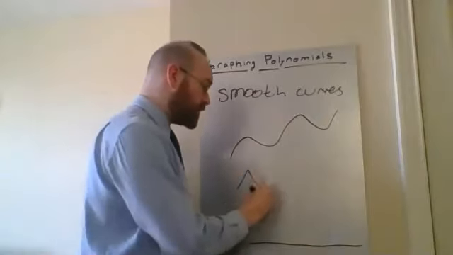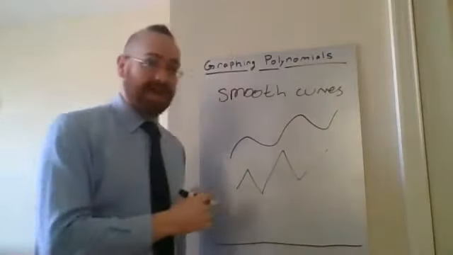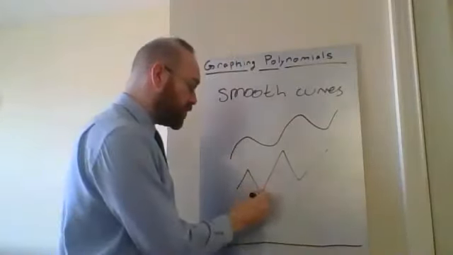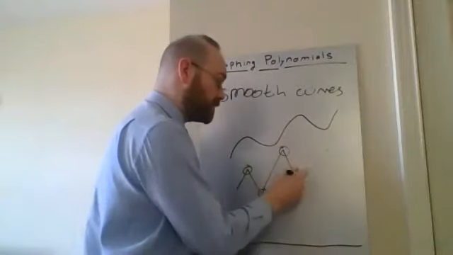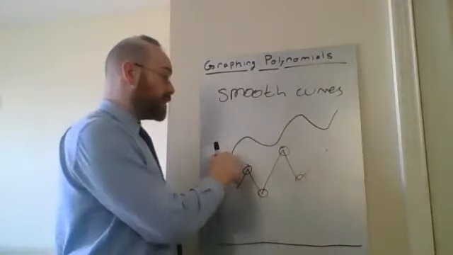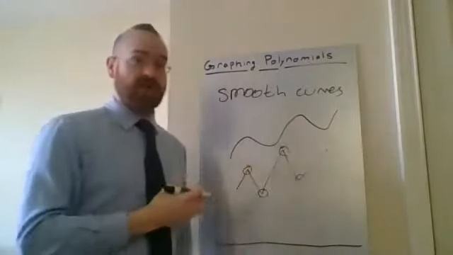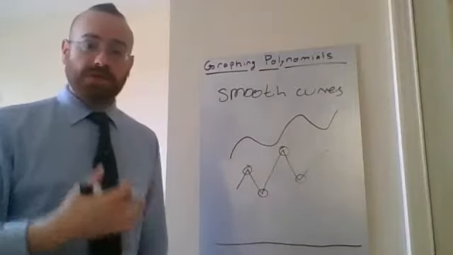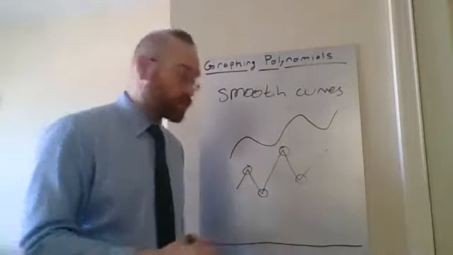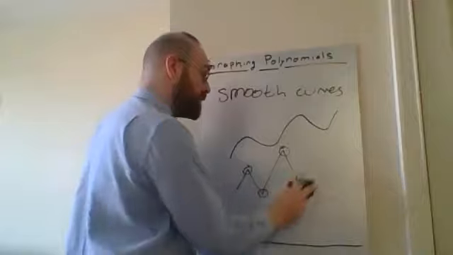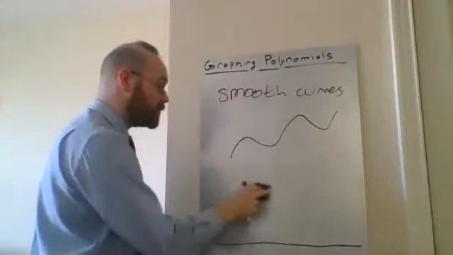There's no jagged corners. There's no edges. So polynomials don't have corners like this. Rather, polynomials are smooth and curving. And that's a really important thing to keep in mind when we're drawing our graphs by hand. They might not be perfect, but they should still be smooth.